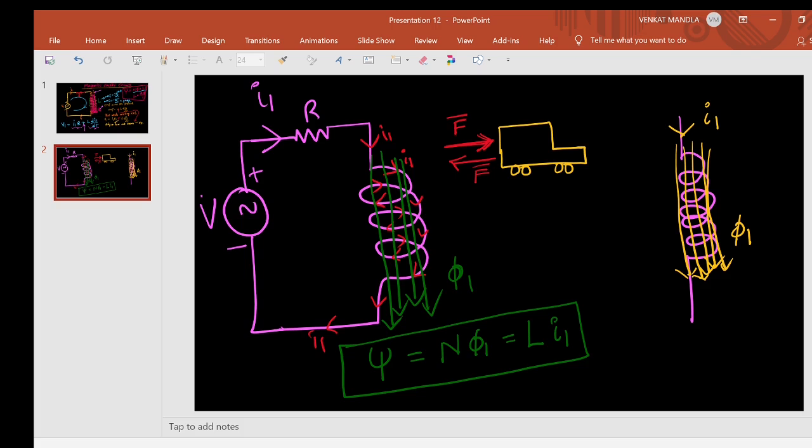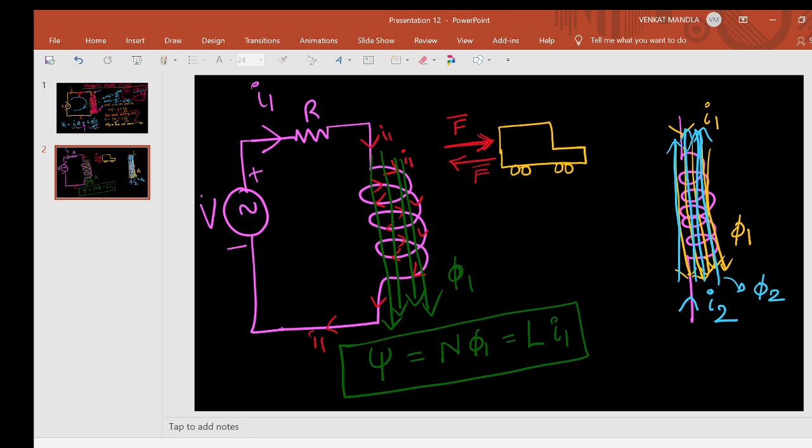So it will oppose with an exactly equal and opposite flux. Let us say this is pi 2, in the upward direction. In order to produce this pi 2 in the upward direction, current has to move in this direction, I2, let us say.